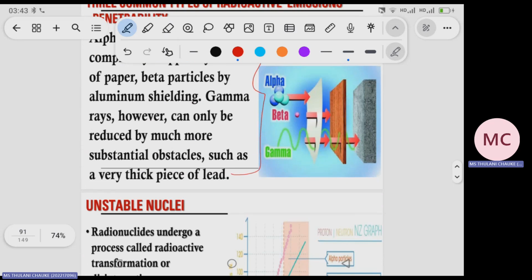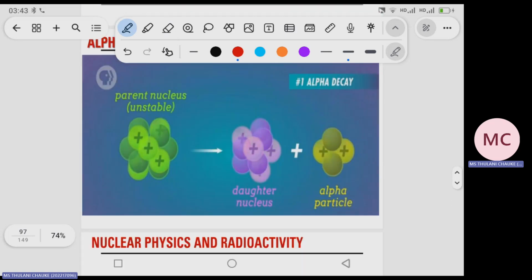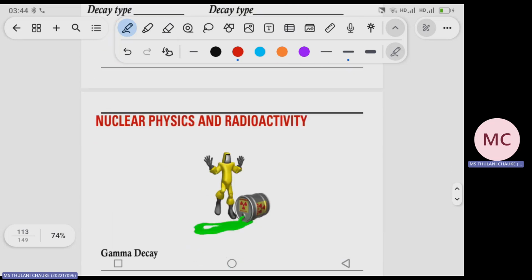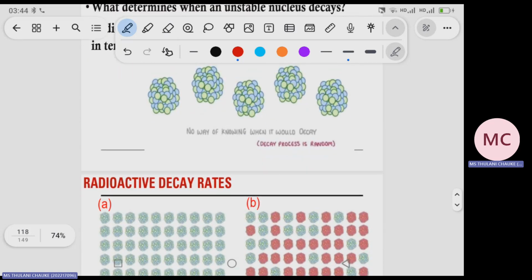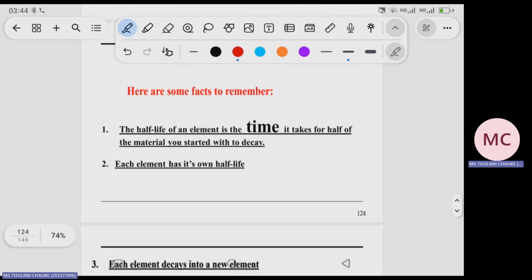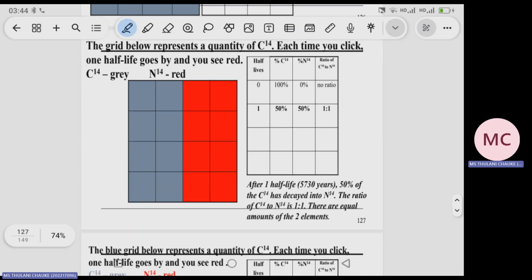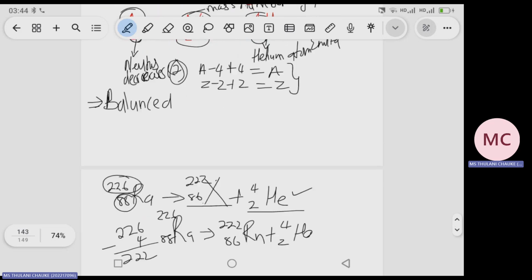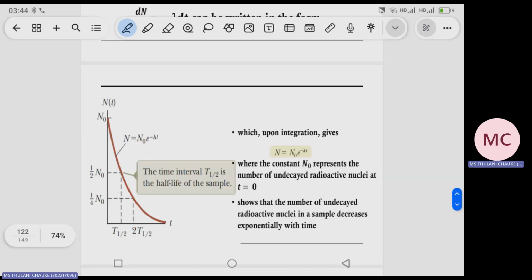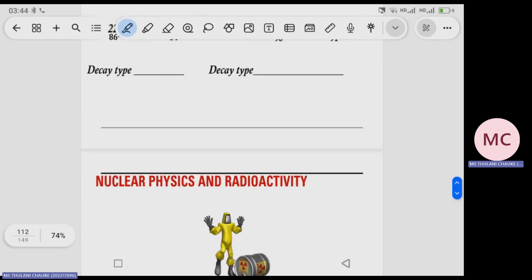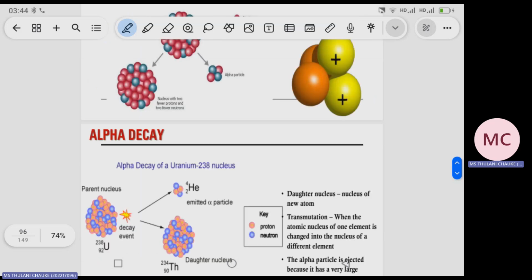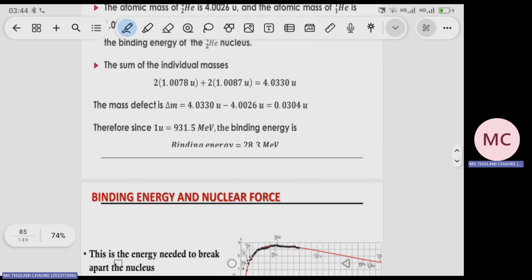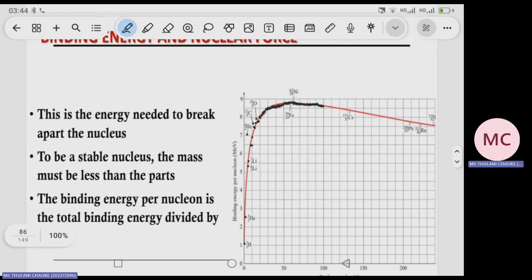So guys, you're going to check this here. This is the binding energy and nuclear force.